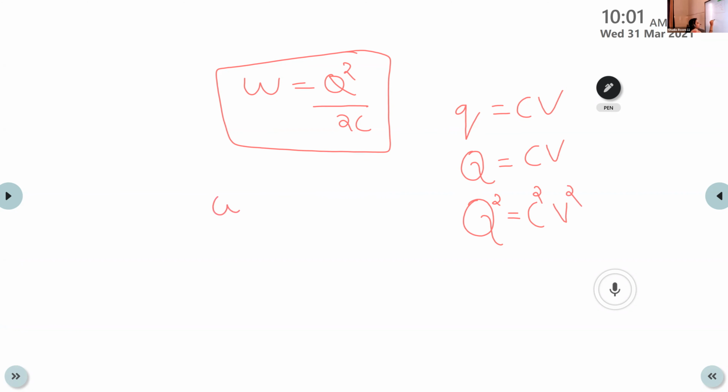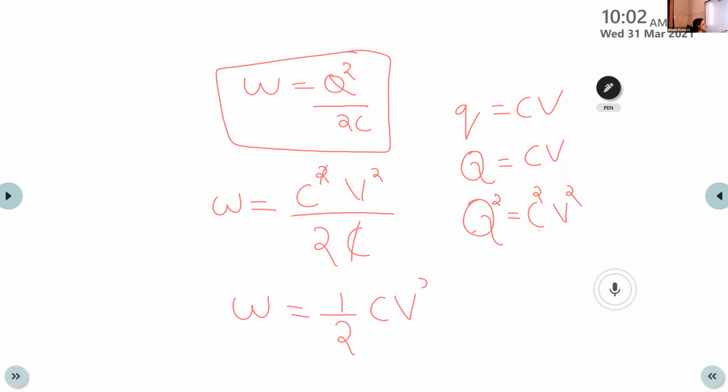We have W is equal to, instead of Q square, we can write C square V square divided by 2C. Here one C and this C is cancelled. So it becomes W is equal to half CV square. This is another expression for the work done by the potential in a capacitor to store the energy in a capacitor.